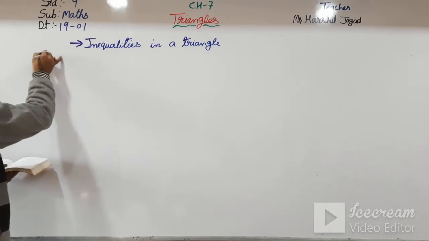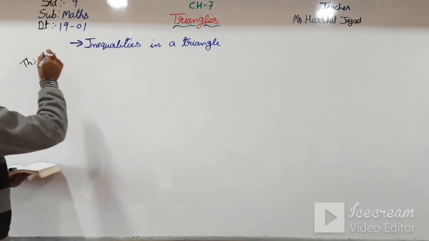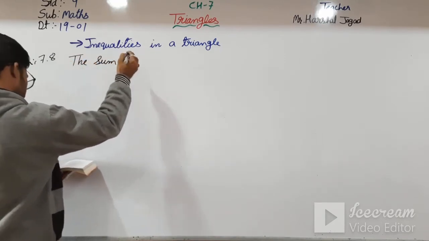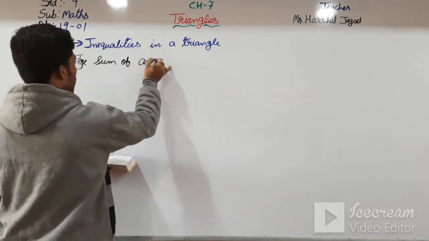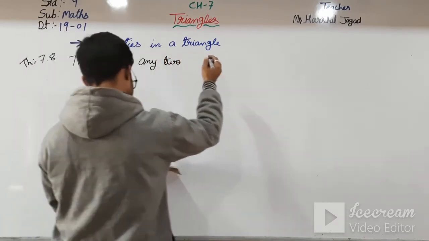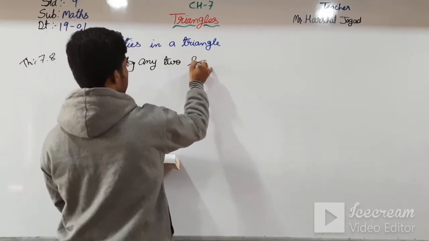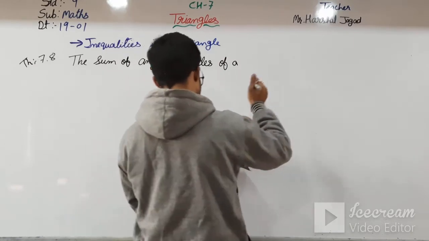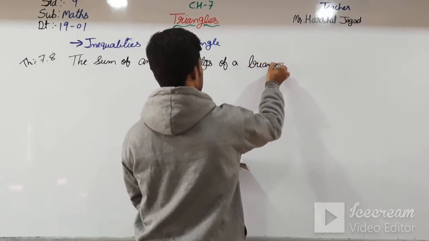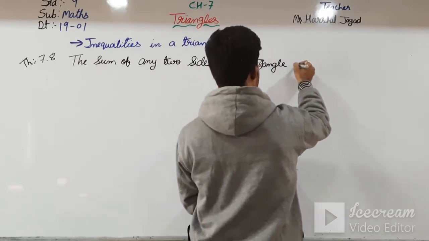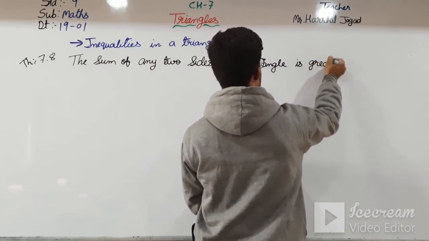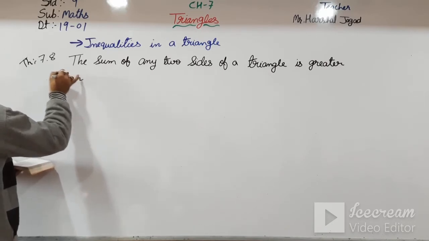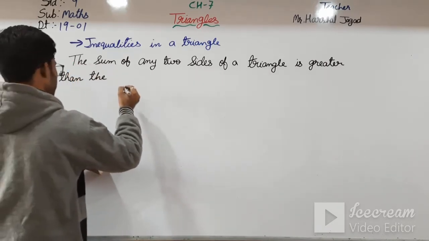Here is a new theorem, that is 7.8. The sum of any two sides, not angles, sides, of a triangle is greater than the third side.